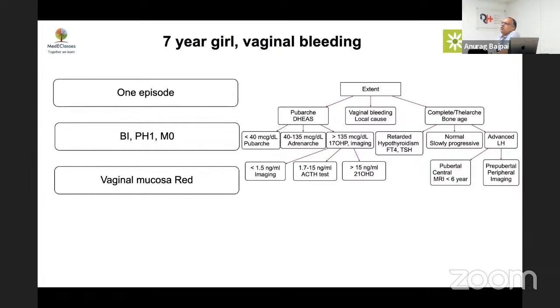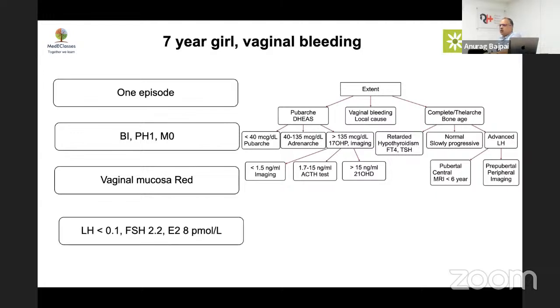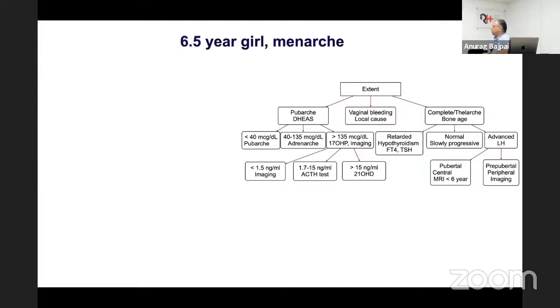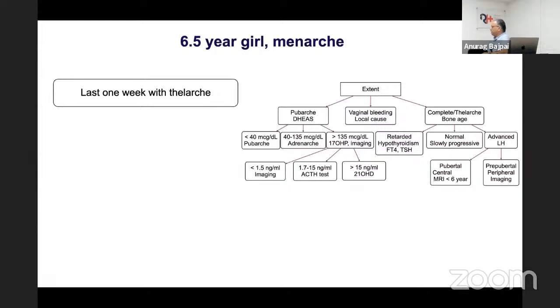So this is a non-endocrine cause of bleeding. LH is low. So here you should definitely go ahead and make a gynecology referral. And this was found to be a foreign body. So again, a message: if you have isolated vaginal bleeding, this is clearly a scenario for gynecological evaluation.